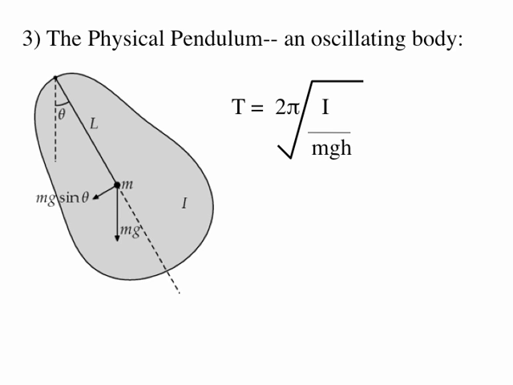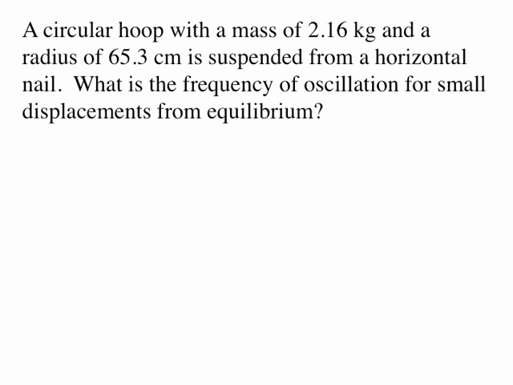The period of this physical pendulum would be 2 pi square root of the moment of inertia divided by mgh. mg obviously is the weight of the object. h, by definition, is the distance from the center of mass to the actual pivot point of the object. We will look at a physical pendulum and a simple pendulum quite a bit in this course, so these are two equations we definitely want to be familiar with.